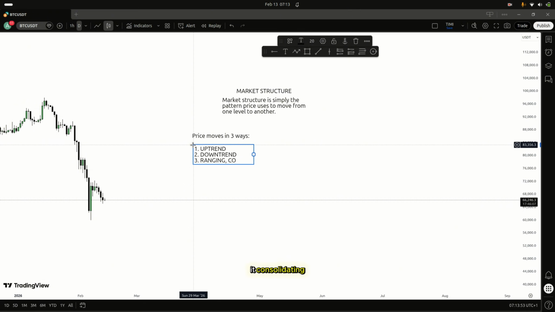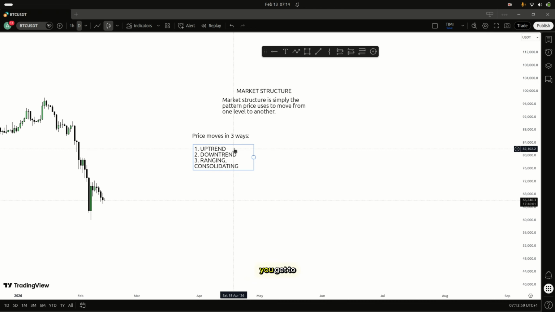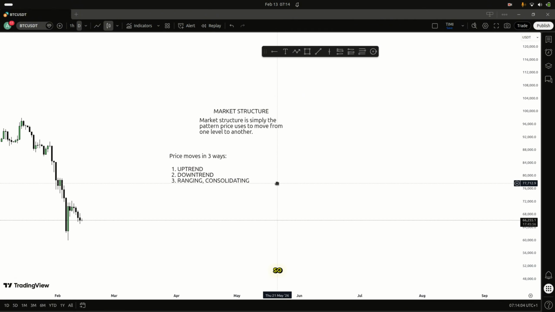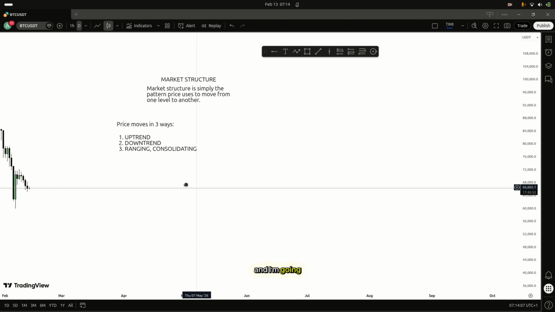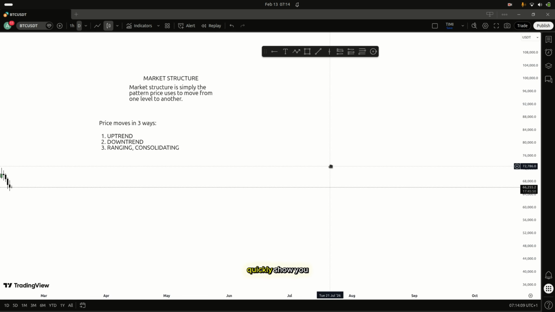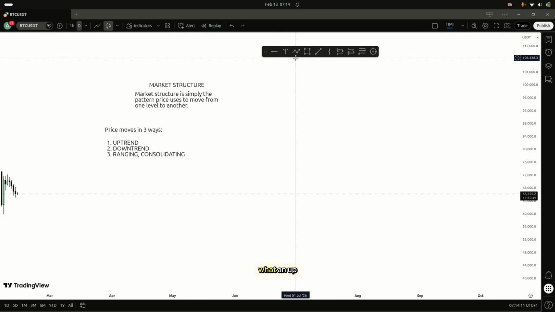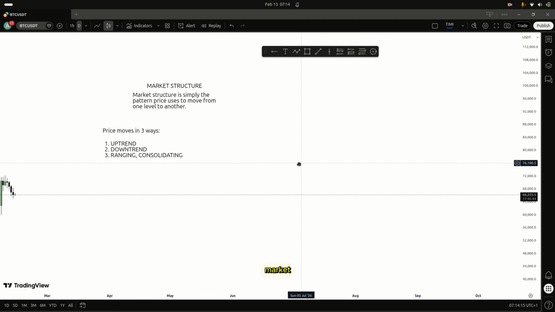Some people call it consolidating. Whichever name you get to hear, don't let it confuse you, it's the same thing. This is basically the only ways in which price moves, and I'm going to quickly show you what an uptrend looks like, a downtrend, and a ranging market.